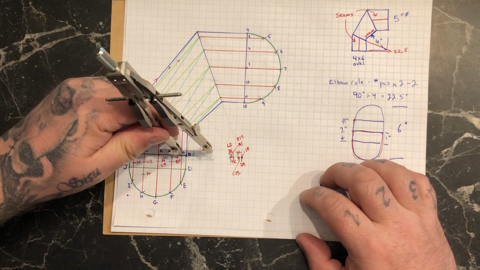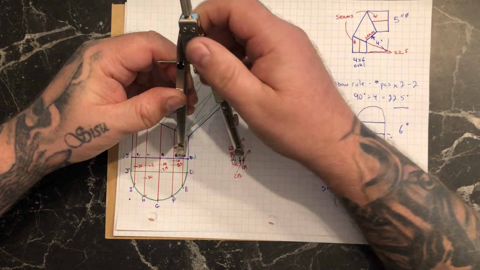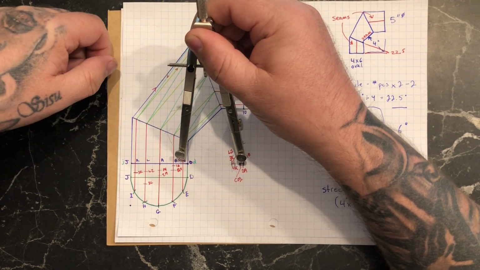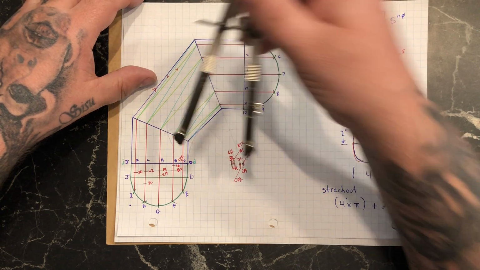Yeah, so now I can just stick my needle there, go to my C12 here. Hopefully you guys can see that. I know my hands are in the way most of the time on this.